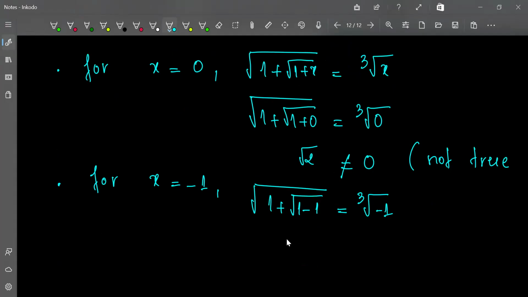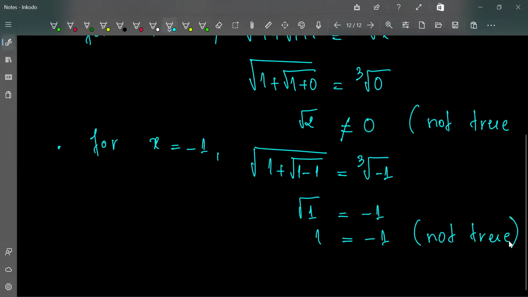Then the square root of 1 equals -1. So 1 equals -1. It's not true because 1 is not equal to -1. So the value x equal to -1 also does not satisfy this equation.